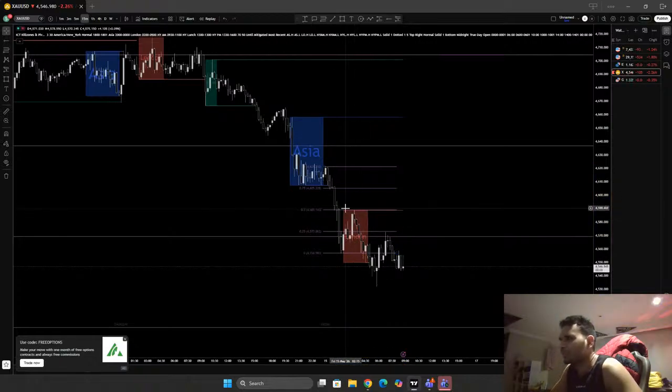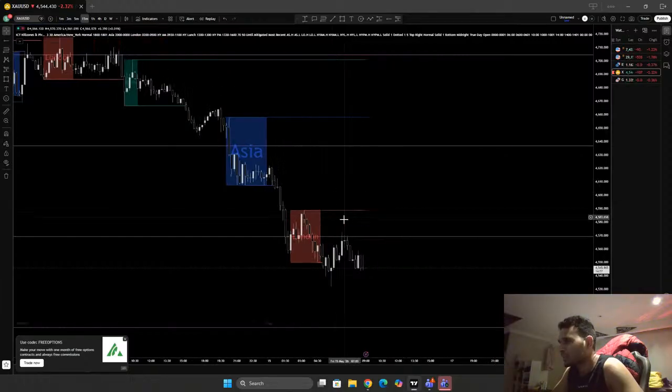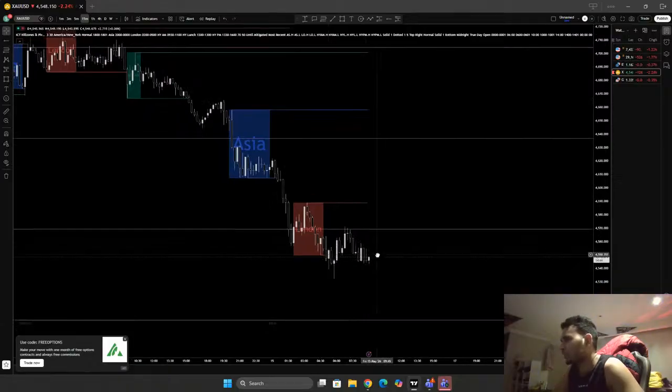Exactly to the 50 DRT, exactly to that equilibrium level where the 1 hour fair value gap resides. It's straight back to that 1 hour fair value gap, 50% of that range. Then it gives a pullback. These are the liquidities. They drop down, take this and this liquidity, take that London low as well. Then it's kind of consolidating for a while.